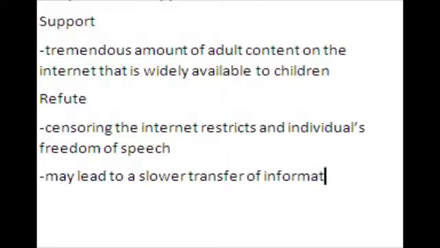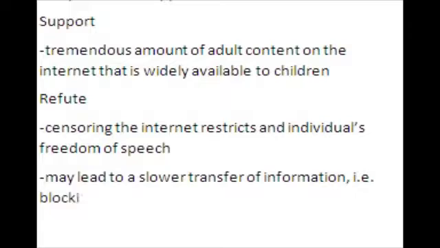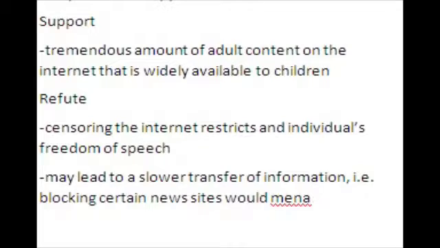So for example, blocking certain news sites would mean users would not have as many outlets to receive news.